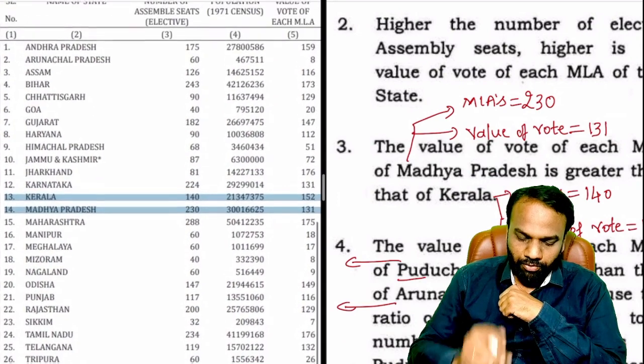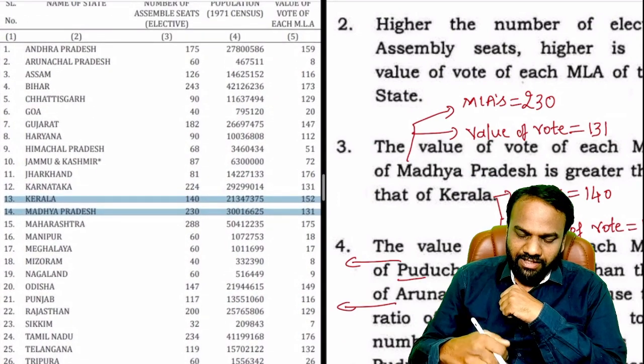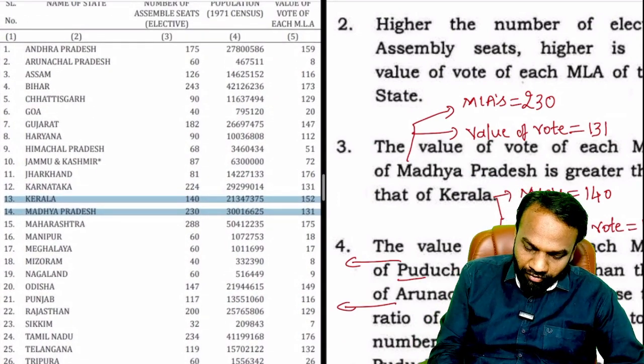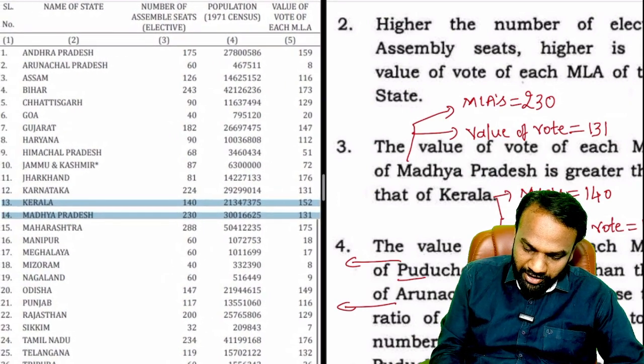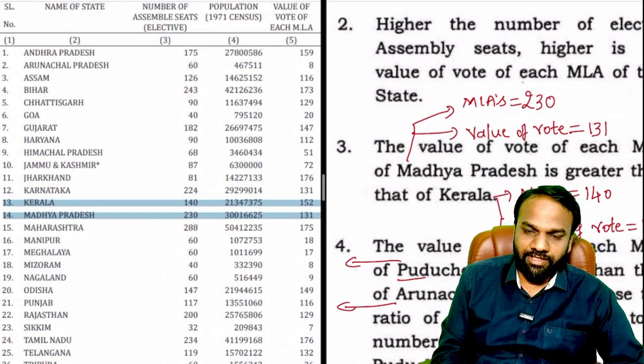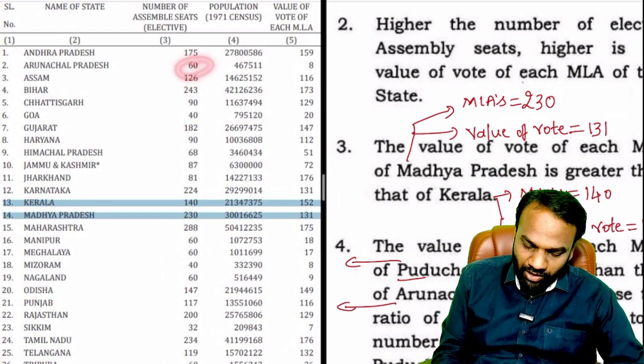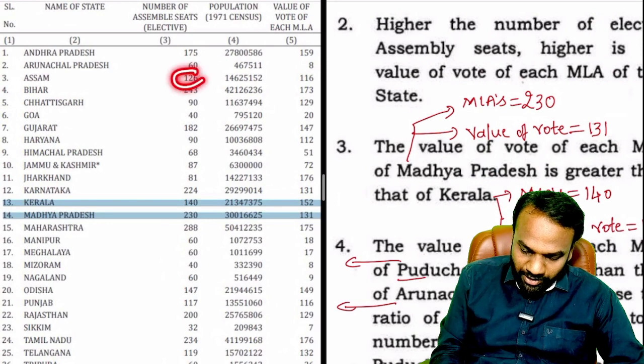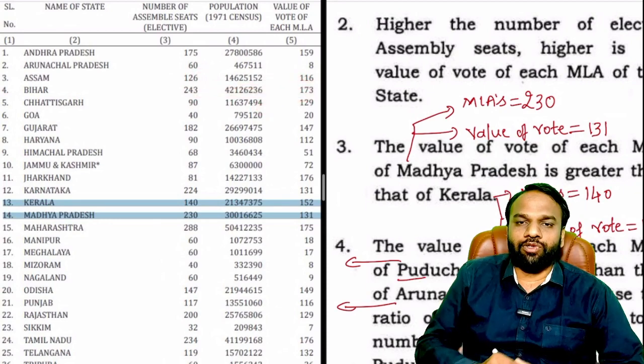Now, in this sequence, Andhra Pradesh has 175 MLAs and Arunachal Pradesh has 60 MLAs. When the number of MLAs decreases, the vote value also decreases. Assam has 126 MLAs and Bihar has 243 MLAs. As the number of MLAs increases, the vote value also increases.